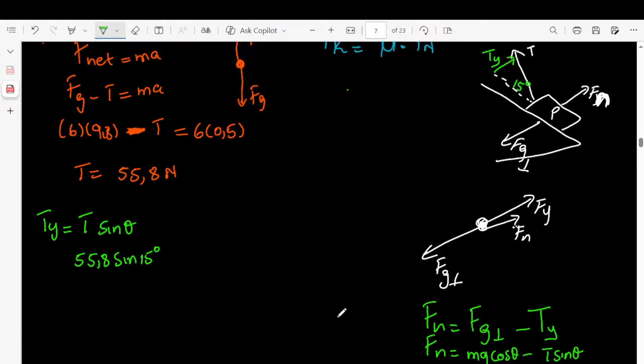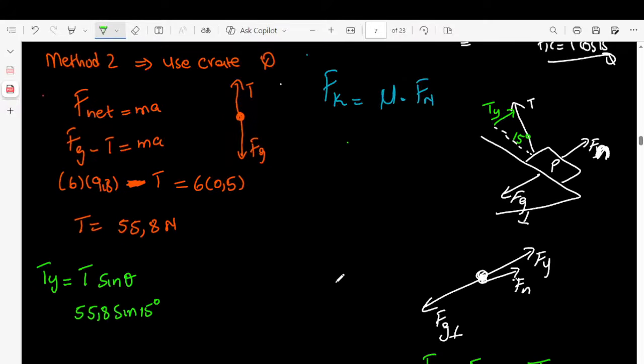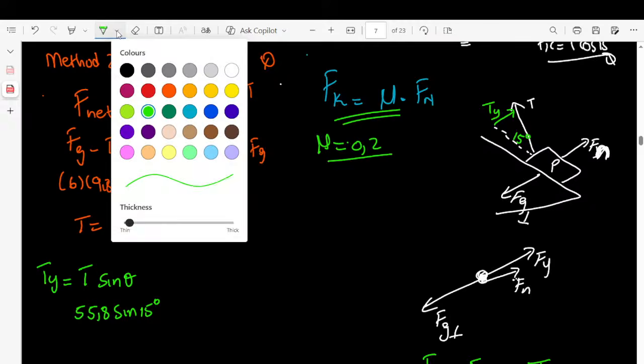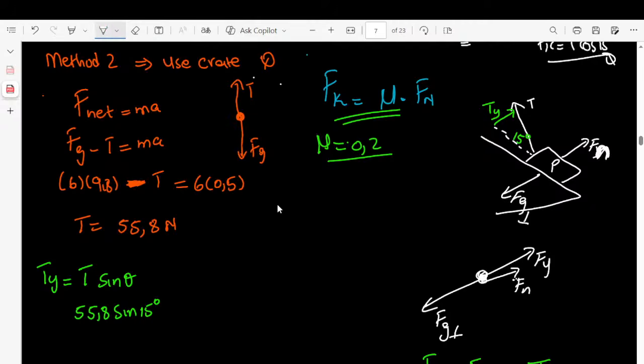So what I'm trying to say is that the formula that we can use is this one, because we know what the coefficient is. Remember, the coefficient was equal to 0.2 when we did the calculation. So to finalize this problem, we can write it in this way and say Fk is equal to the coefficient multiplied by Fn.